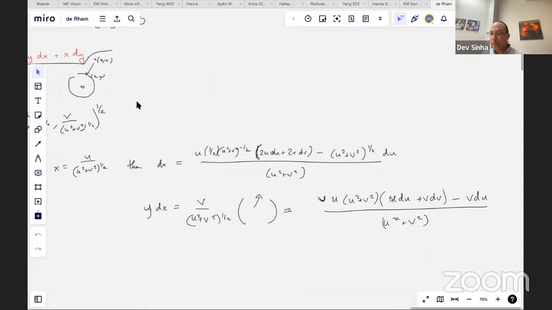Phew. And so the claim is that x dy is going to look similar, but with the roles of u and v reversed. And you notice that most of this is symmetric. Everything except the minus v du is symmetric. So you deduce that x dy minus y dx is going to be v du minus u dv over u squared plus v squared.